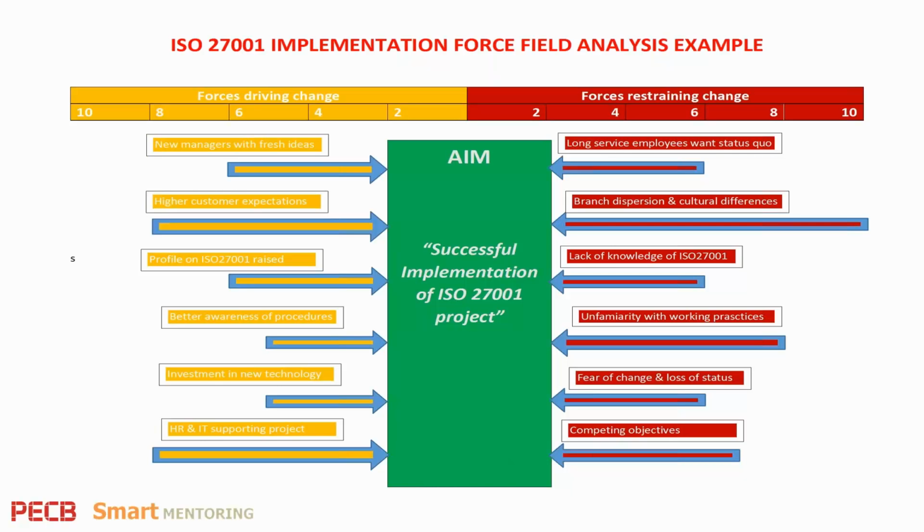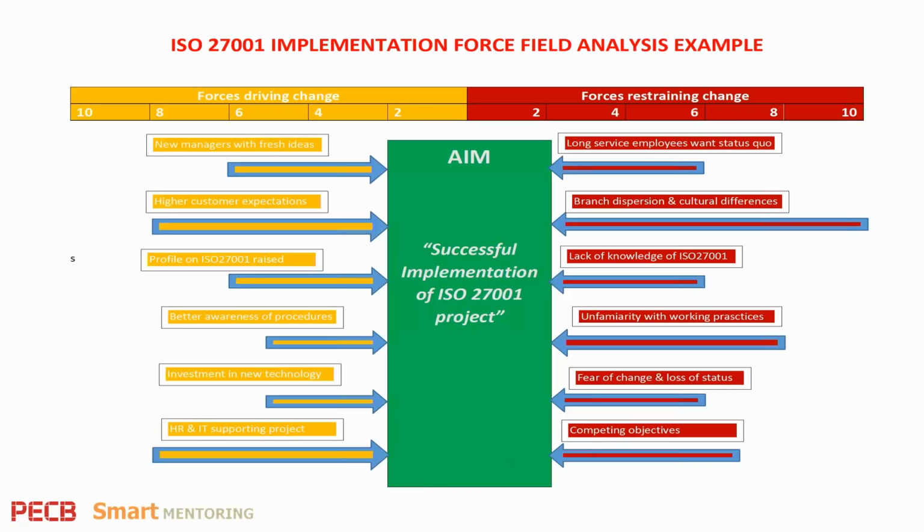And a better awareness of procedures than had been in the past. There's also been an investment in new technology, and very importantly, and probably should have been up the top and still stayed down the bottom, the HR and IT departments were supporting me all the way through.